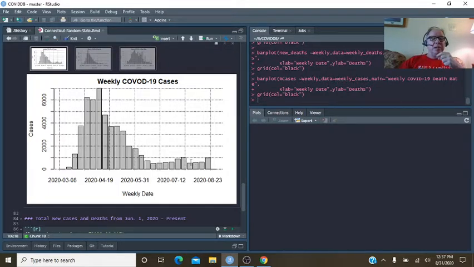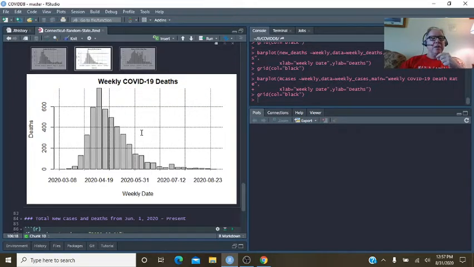Weekly cases is now between, say, 500 and 1,000. Deaths are well below that. The deaths are well below 200. This is 100, and that's about 50. So maybe this is 50, and this is almost nothing.